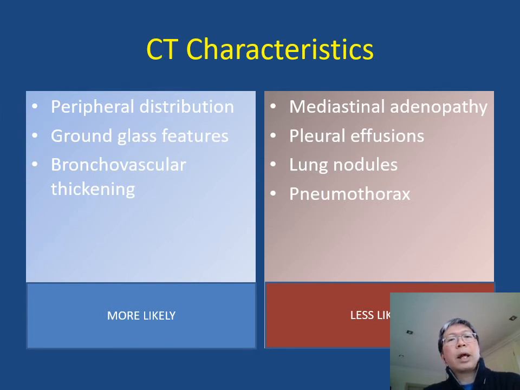These are described as a peripheral distribution of ground glass opacification, sometimes associated with increased bronchial vascular thickening. The other features which are less likely to be found in COVID-19 confirmed patients include mediastinal adenopathy, pleural effusions, and lung nodules. Pneumothoraces have also been reported as less likely to be associated with this condition.